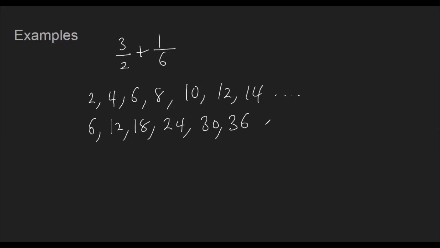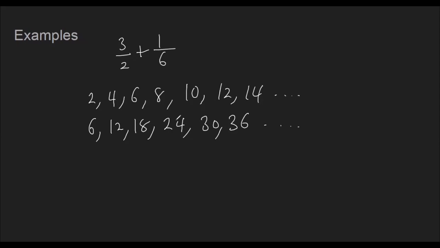Now these are the multiples of 2 and 6. From the definition of LCM, to get the lowest common multiple, we have to consider the least multiple that is common to them.